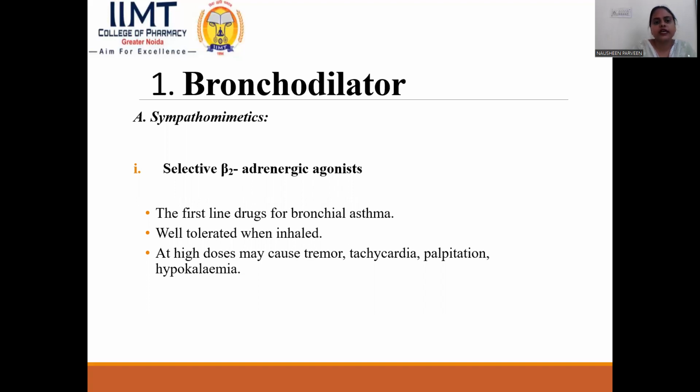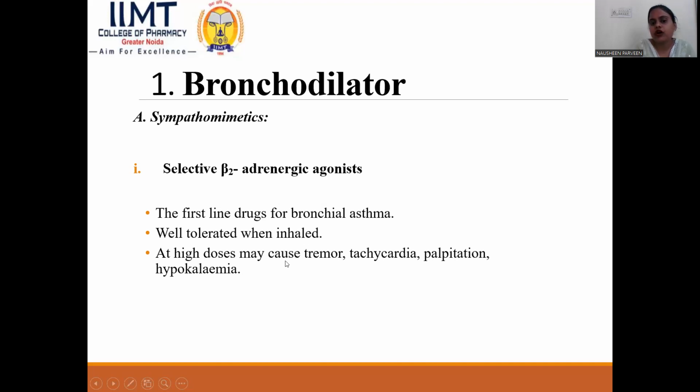Next, when we divide the sympathomimetic subclasses, the selective beta 2 adrenergic agonists. The properties of selective beta 2 adrenergic agonists are that they are a first line anti-asthmatic drug and well tolerated when inhaled.